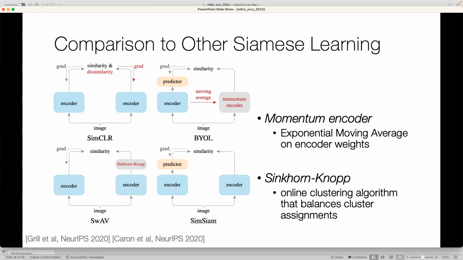And the bottom left one is SwAV. This is an online clustering algorithm called Sinkhorn-Knopp. It tries to balance the cluster assignments, and the goal is to predict the cluster assignments there. And the cluster assignments are also created on the fly. So I would regard this also as a non-reconstructive self-supervised learning method.